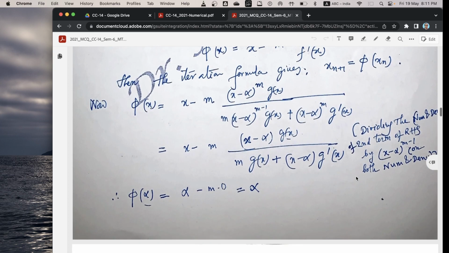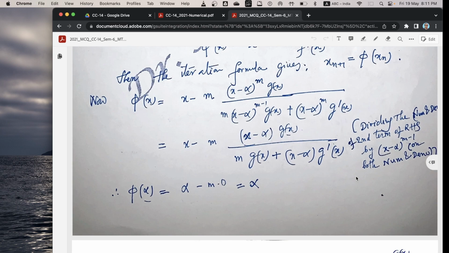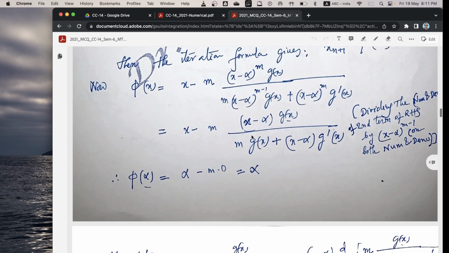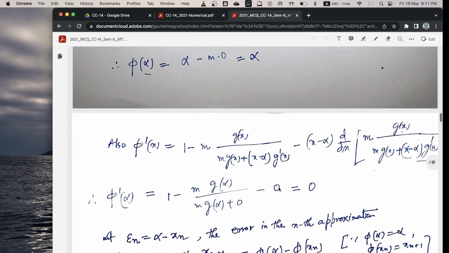Dividing both numerator and denominator of the second term of the right hand side by (x minus alpha) to the power m minus 1, we get x minus m into (x minus alpha) g(x) by m g(x) plus (x minus alpha) g dash x. Now phi(alpha) equals alpha minus m into alpha minus alpha, obviously 0, so this second term is 0, so we get phi(alpha) equal to alpha.